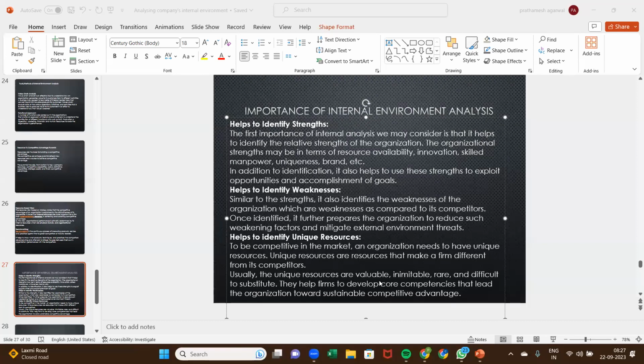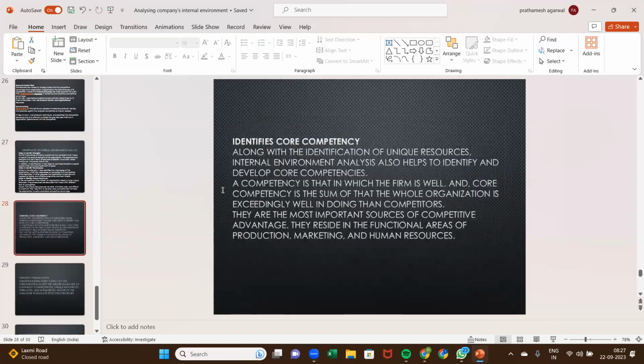The unique resources are valuable, inimitable, rare, and difficult to substitute. They help firms to develop core competencies that lead the organization towards competitive advantage. So unique resources, okay, see how the chain reaction goes. We have unique resources and they help us to develop the core competencies and that will help us to have a competitive edge or a competitive advantage over the other competitors.